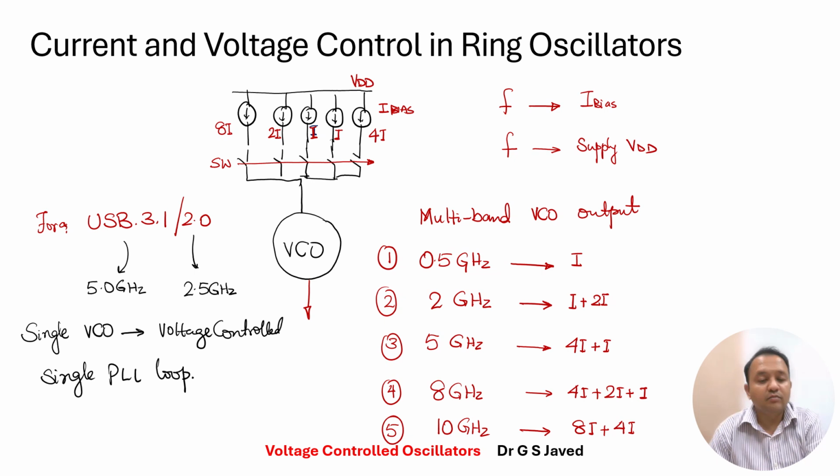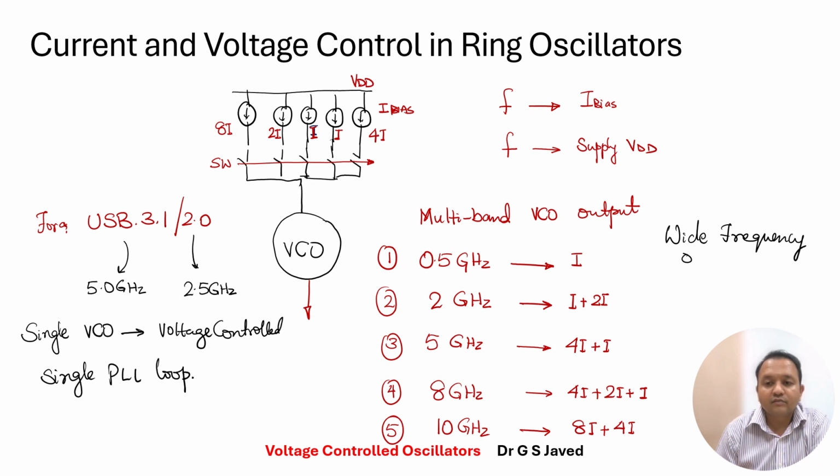Now, this benefit will allow you to do a wide range of current control, and this also allows you a much wider frequency operation. So the form factor is good, the tunability is good. What is the only drawback?